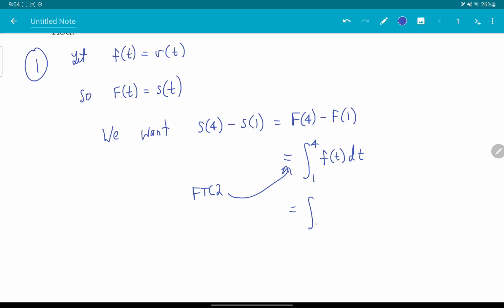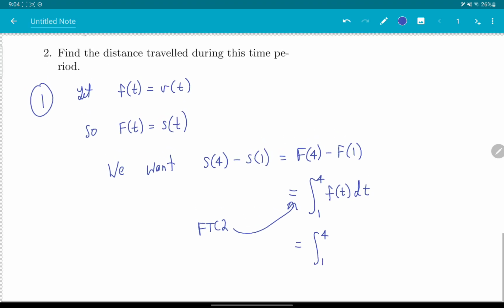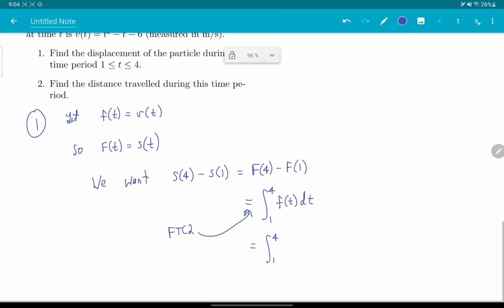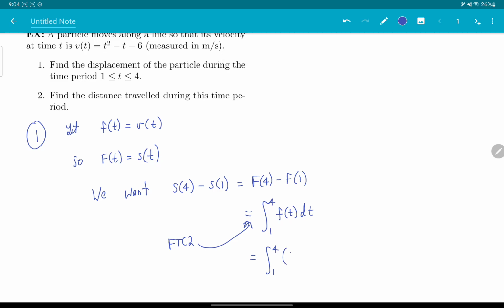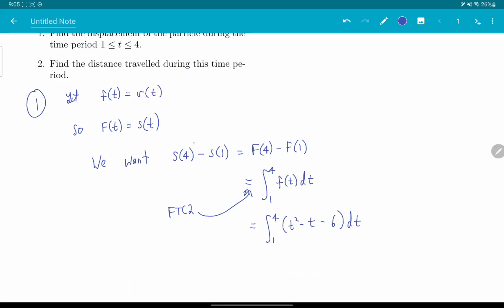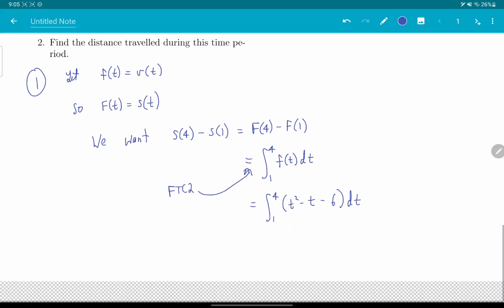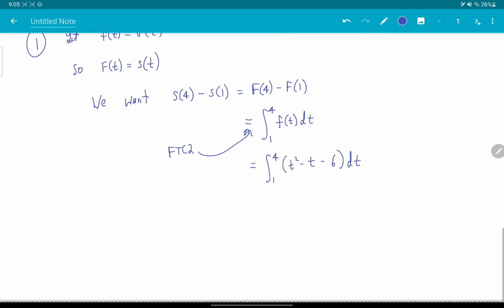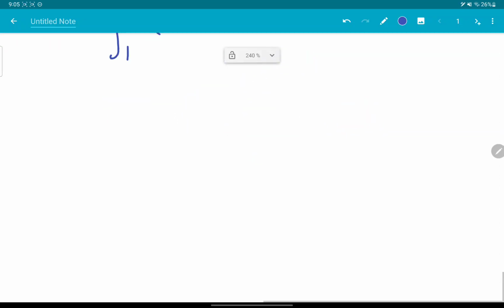And we can calculate this in a relatively straightforward fashion. If I have my function, what is my function? t squared minus t minus 6 dt. So displacement is the final position minus the initial position, and we're able to use FTC2 to sort this out.